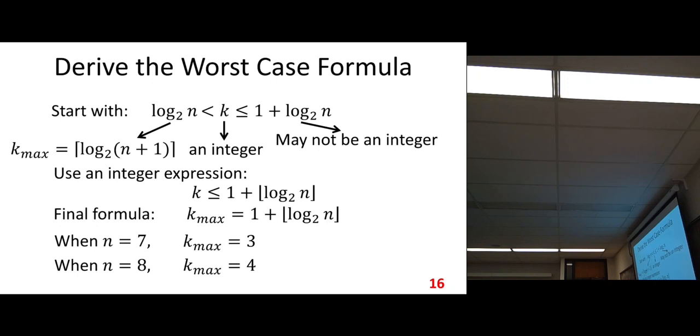Then with the ceiling function, it has a chance to be equal. Otherwise, still strictly less. So in that expression, that's the formula we are familiar with. From this binary search, you can see that's how that formula comes from.